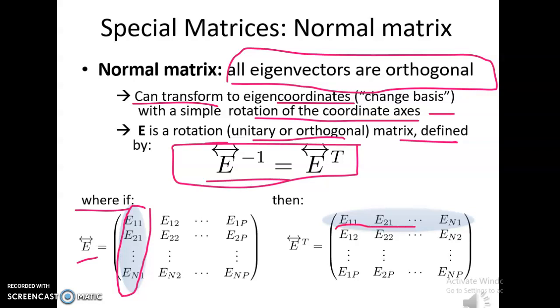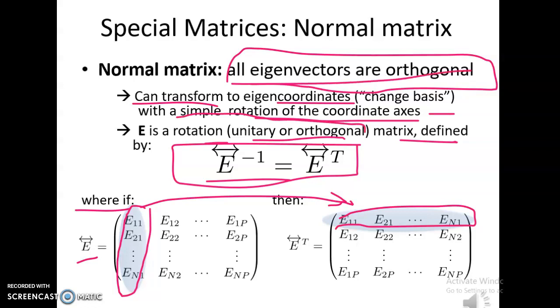E11, E21 up to En1 come in the first row, up to n columns. So both are the same. E is a rotation, a unitary orthogonal matrix, and all eigenvectors are orthogonal. That's why I told you.